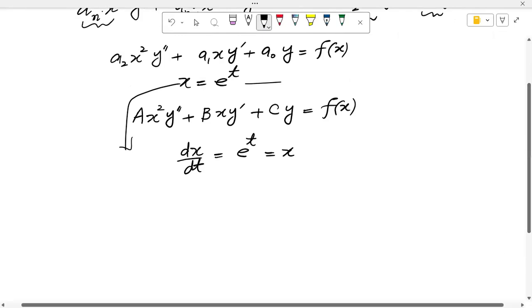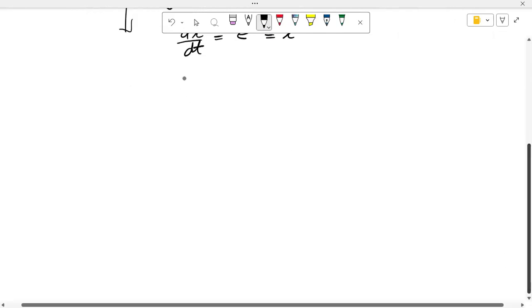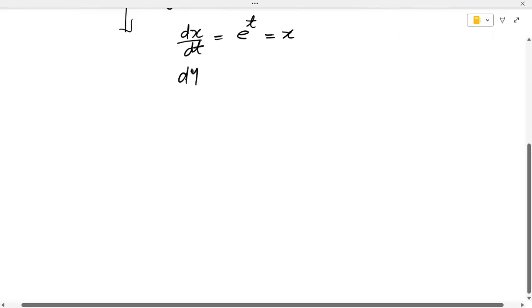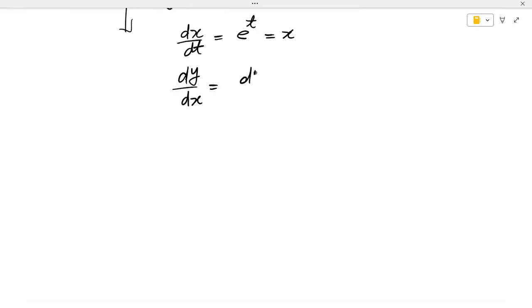And I would like to define from here dy dx. From the chain rule, it will be dy dt and dt dx. So dy dx can be replaced, with dt dx being the reciprocal 1 over x, times dy dt.